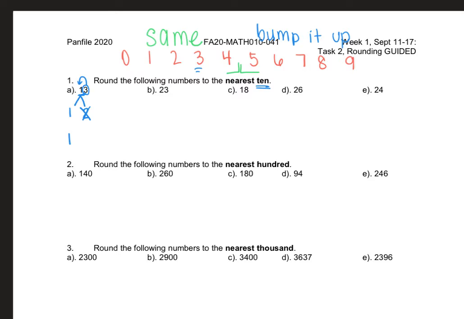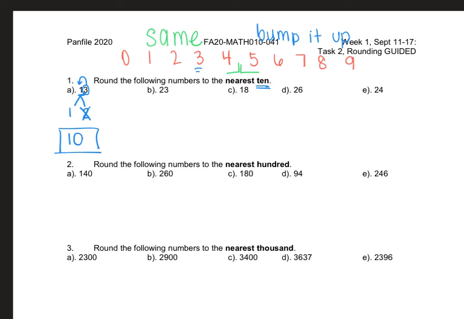Everything past that is going to revert back to 0. Well, we only have one thing, which was that 3 that didn't have enough to bump the 1 up to the next number. So that's going to revert back to a 0. So this actually rounds down. This is why we say it rounds down to a 10, and we're done.